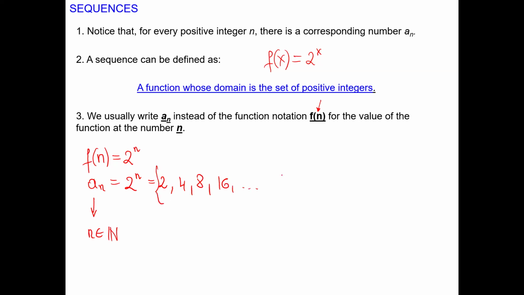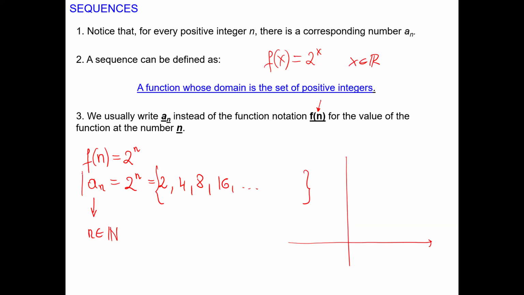We may use curly brackets sometimes. As we can see, these are just discrete numbers. And yes, 2 to the power of n. When we think about 2 to the power of x, we are thinking about a continuous function because x could be any real number.